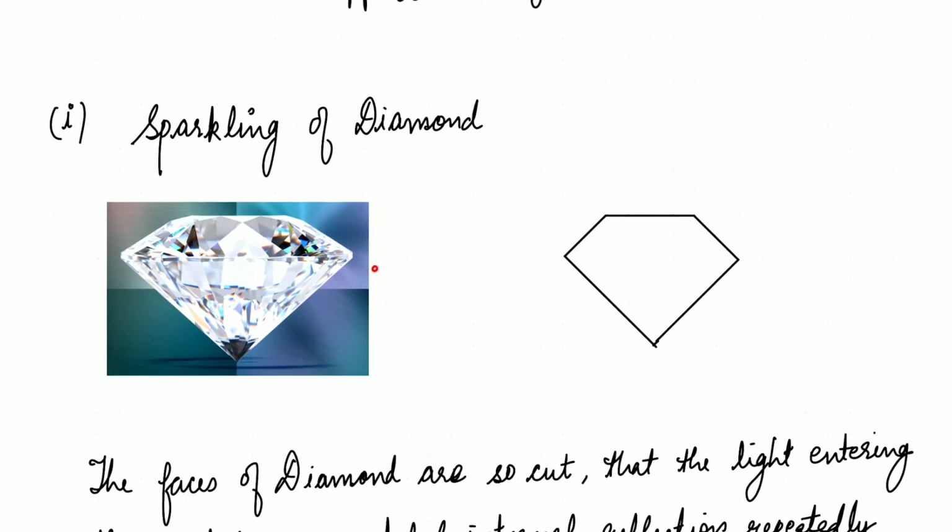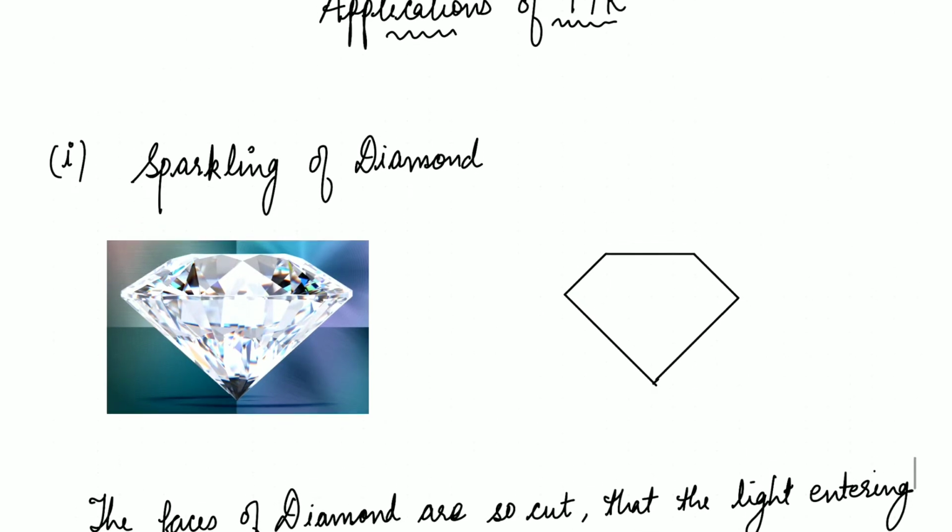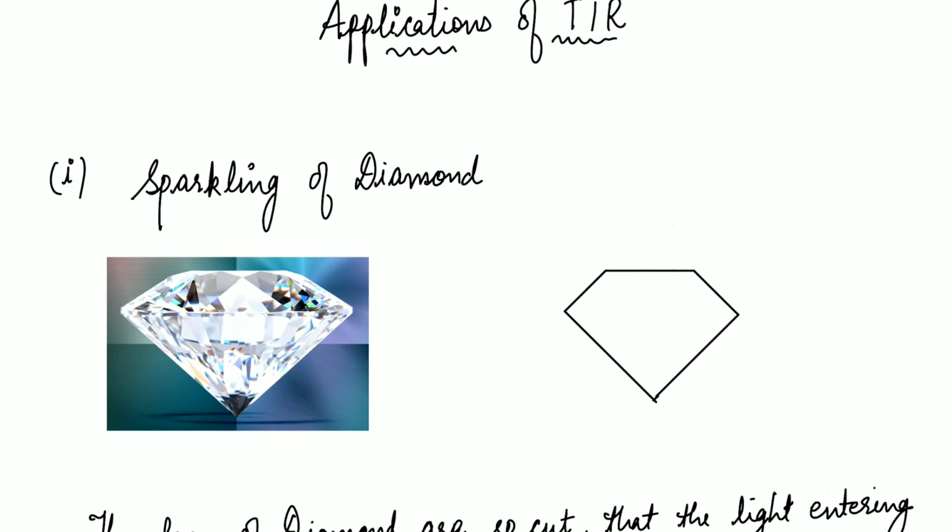Now let me very quickly, with this image over here, make you understand how total internal reflection works in a diamond. Imagine I have a light ray going like this, right? Right now the light ray is going perpendicular to the surface. When it is going perpendicularly, what is going to happen?